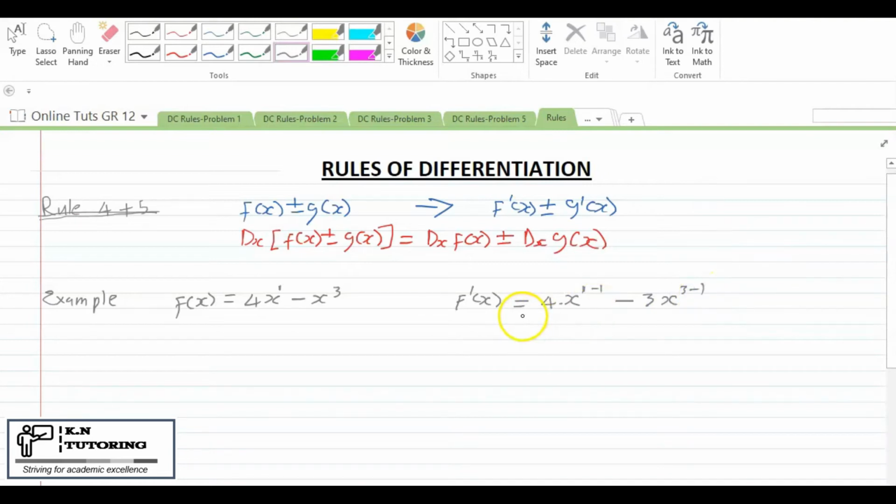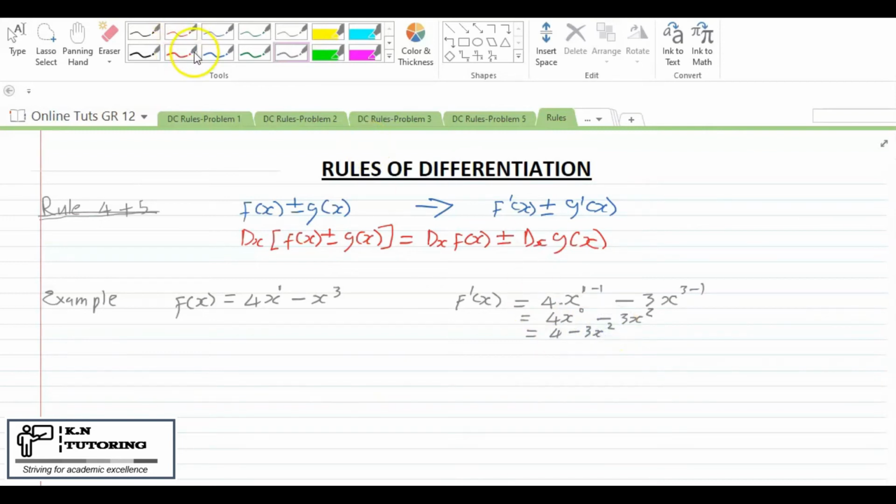So the answer is going to be 4x to the exponent 0 minus 3x squared, and we know that any number raised to the exponent of 0 is 1, so this will be 4 minus 3x squared.